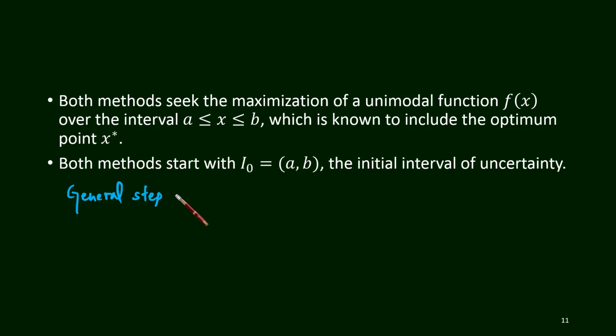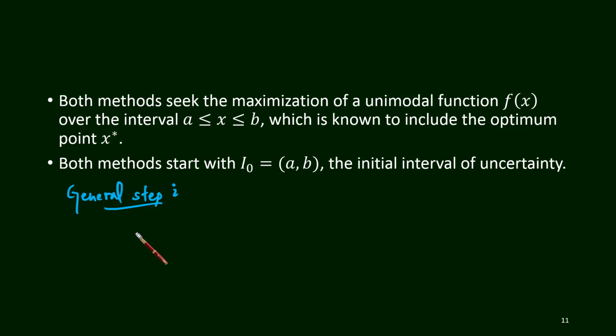Actually the golden section method is much more advantageous than the other method, so we will see that. For the general step, let's suppose any step i, because there will be many iterations, isn't it? This is the initial, iteration number 0, so the interval is I0. If iteration number 1, then the interval will be I1.